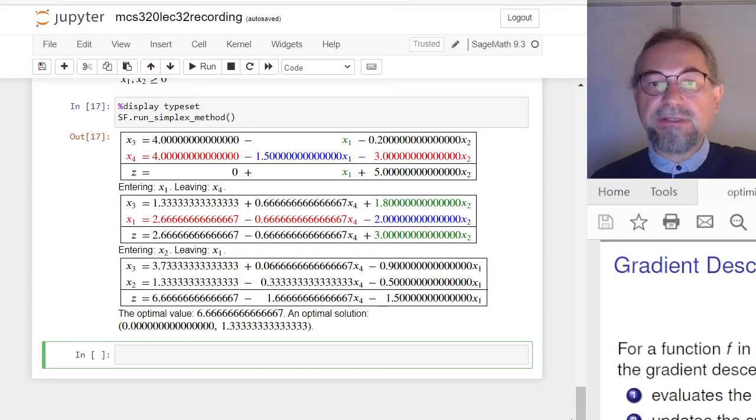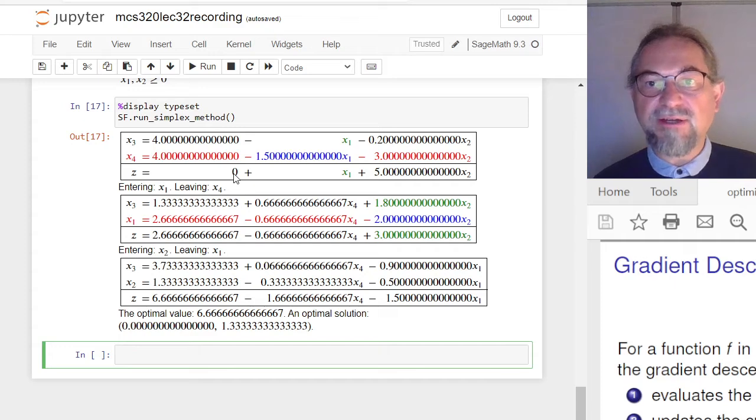So we start indeed with 0, 0, because the value of the objective function is given as 0. And in the terminology of what happens is, in the simplex method, the inequalities are translated into equalities via slack variables.